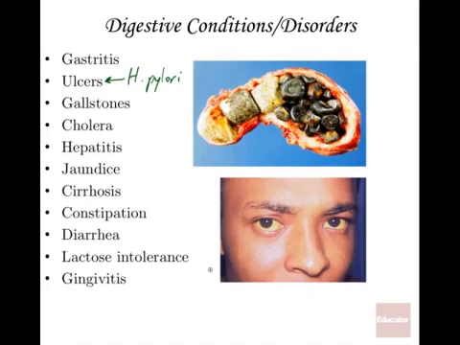Some people, it just takes a little bit of cheese, ice cream, or milk, and then they have that uncomfortable sensation in their GI tract, and then they notice trouble on the toilet with that. There are medications that can assist your body's ability to break down lactose. There are pills that you can take to help with lactose intolerance.